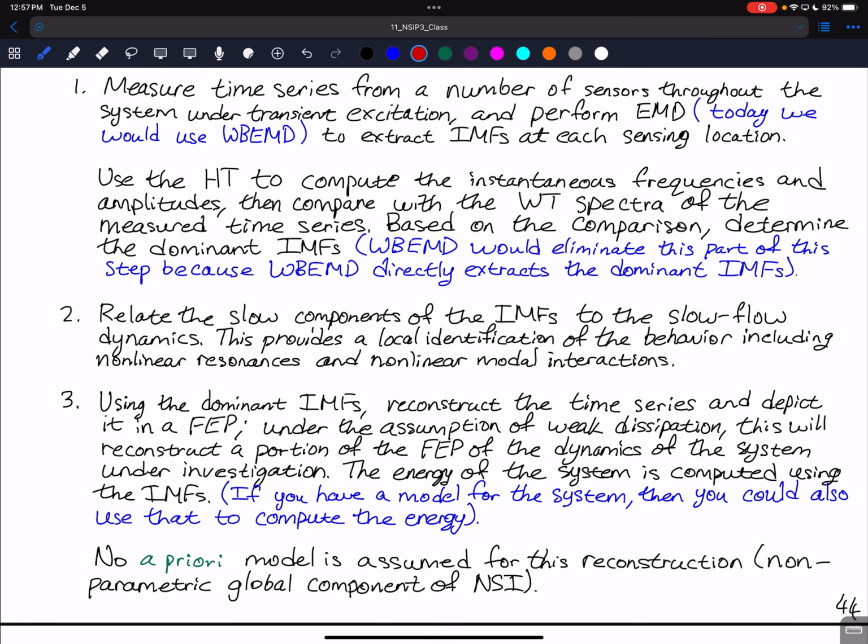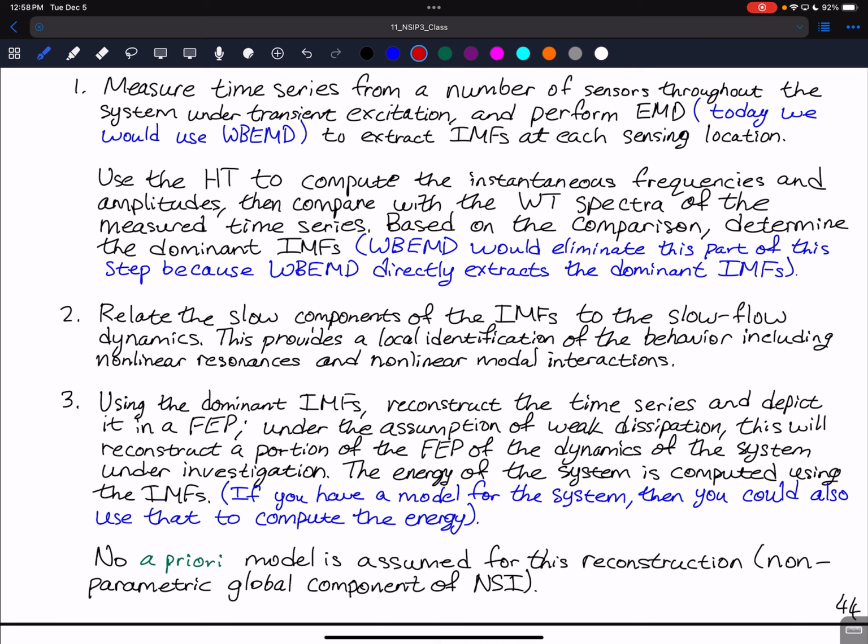So let's unwrap this a bit. When we talked about nonlinear normal modes in a frequency energy plot, we were typically looking at Hamiltonian systems without any damping or any forcing in it. So the assumption here, and this tends to work as well, is that when you have weak dissipation or weak damping, the frequency energy plot of the actual system is just a slightly perturbed version of the Hamiltonian FEP.